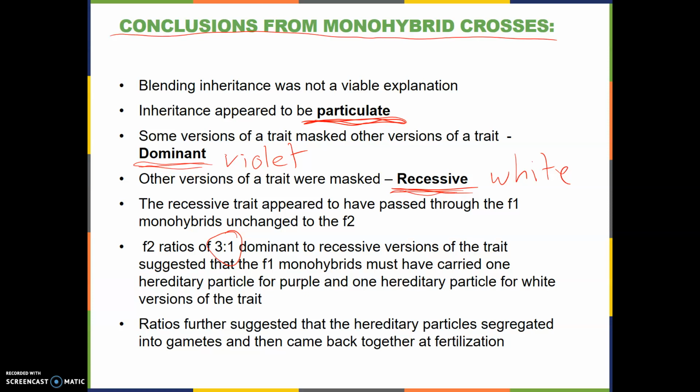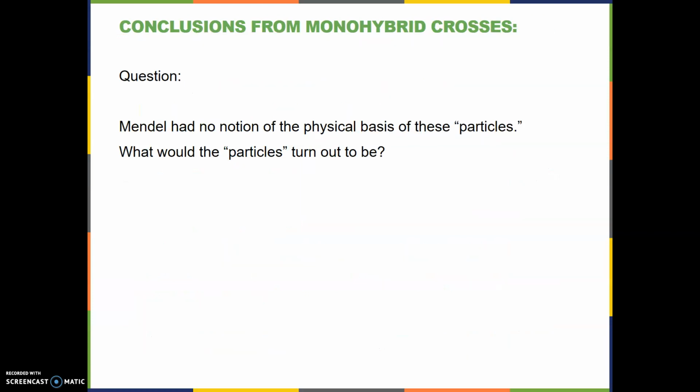So all of the F1s had a purple gene and a white gene. They were carriers for the white recessive trait. And ratios further suggested that the hereditary particles segregated into gametes and then came back together at fertilization. Segregated just means separated. And gametes, remember, are egg and sperm.